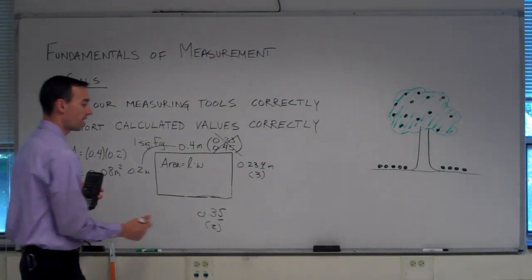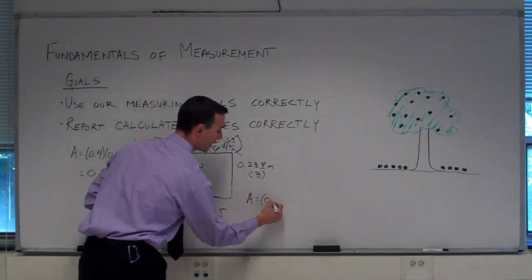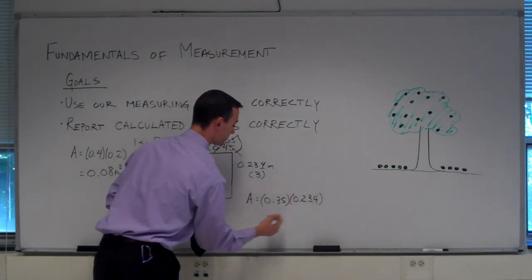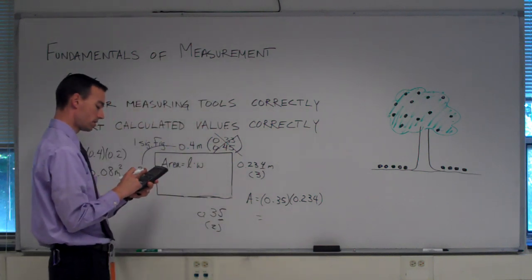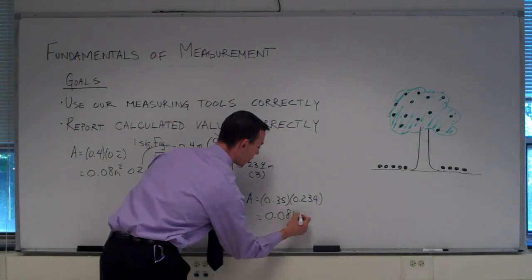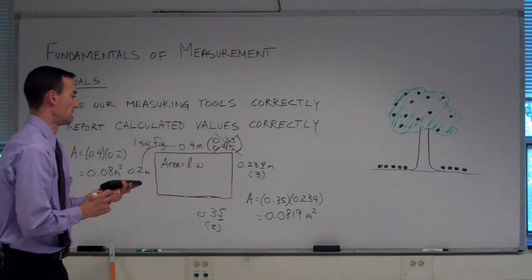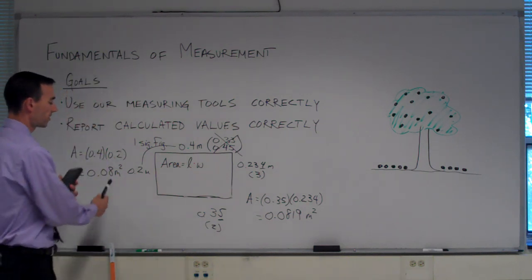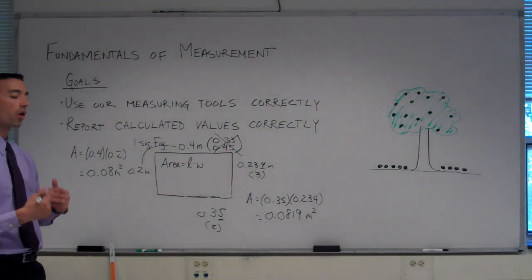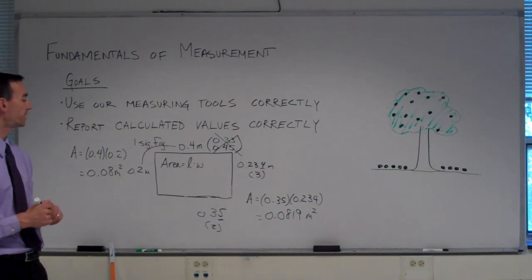If I report the area using these two values, it would be 0.35 times 0.234, or 0.0819 meters squared. The question is, is there a real difference between these two values, and are we actually done with our answers at this point? Are we ready to report them?